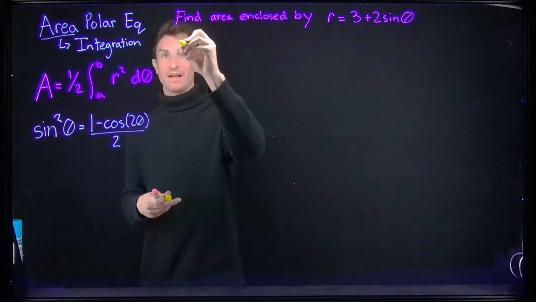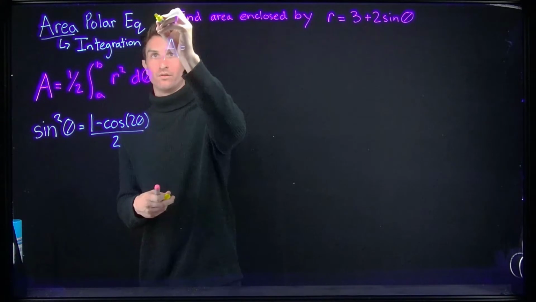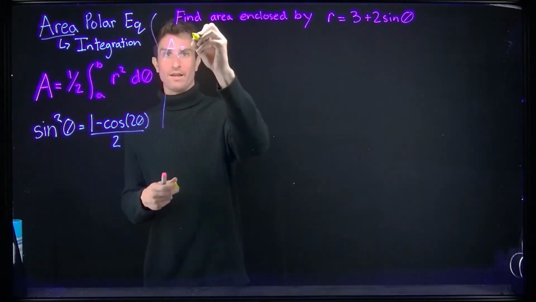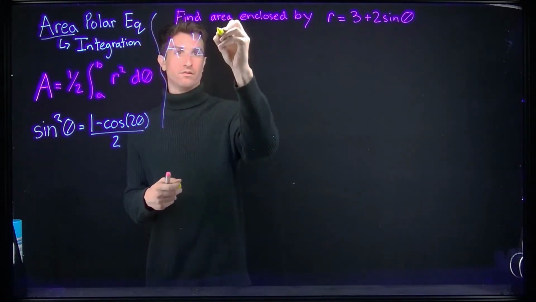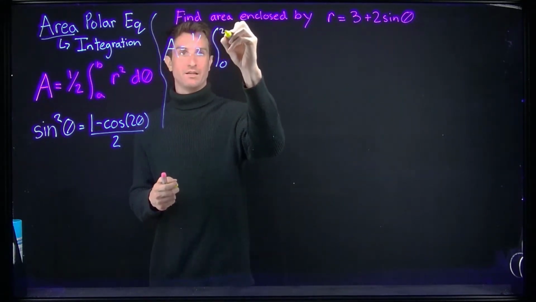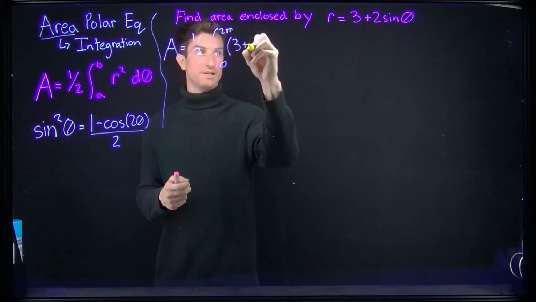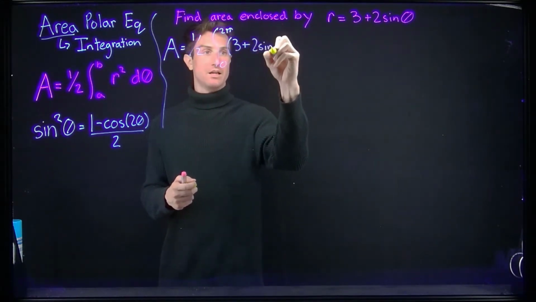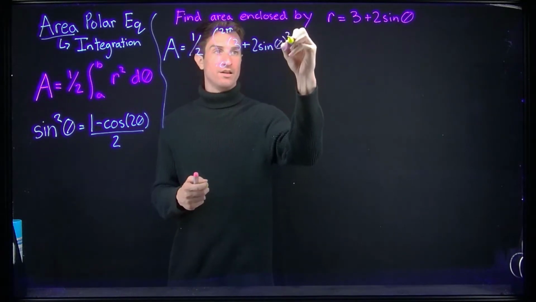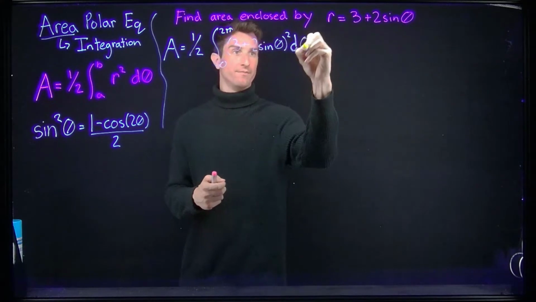So we have that area, I'll write all the way over here, is equal to 1/2, we'll go from 0 to 2 pi of r squared. So we have (3 plus 2 sine of theta) squared d theta.